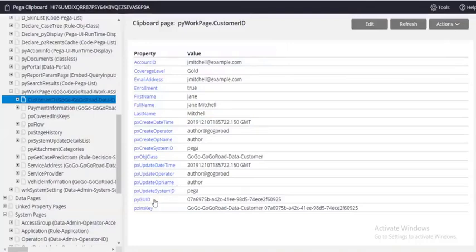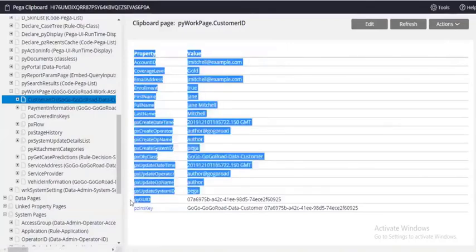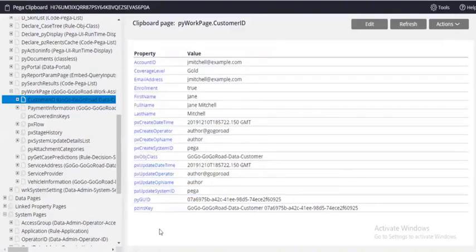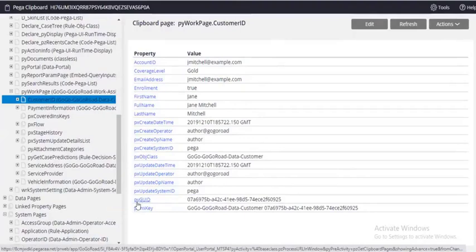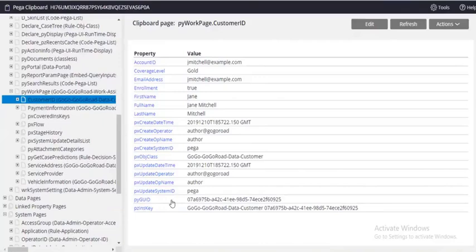Yeah, we have some pyID. See, this is pyGUID, the Global Unique Identifier. You can read and write, write in the sense you can modify this one. How to modify I'll tell you.